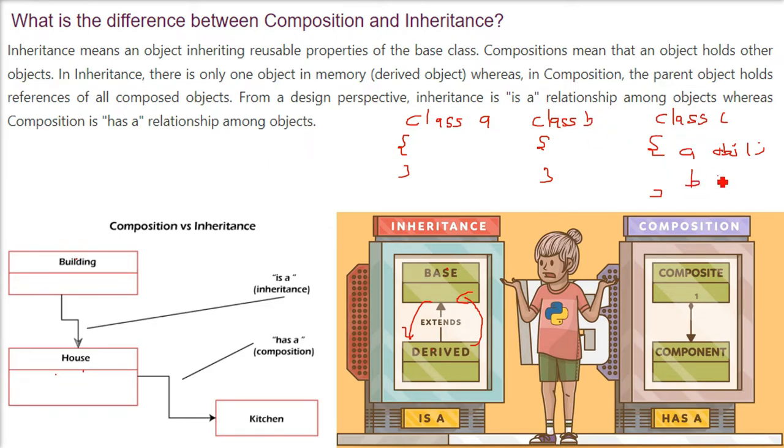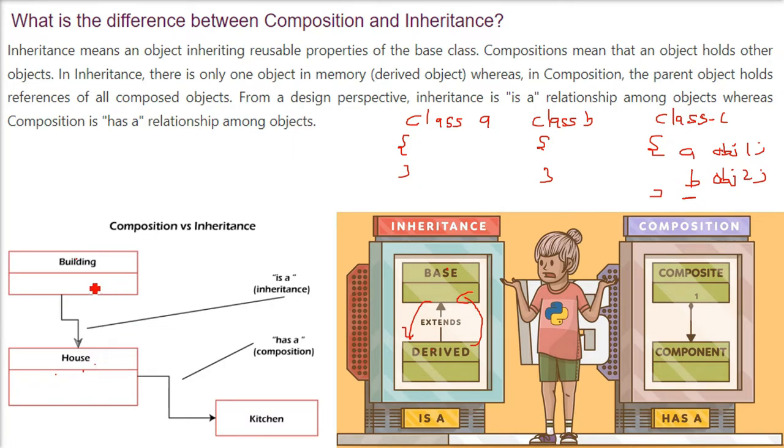But now you see, these two objects of two classes are member variables of class C. So now class C has A, class C has B. When a class is referring to other classes with respect to their objects, it is called a has-a relationship.